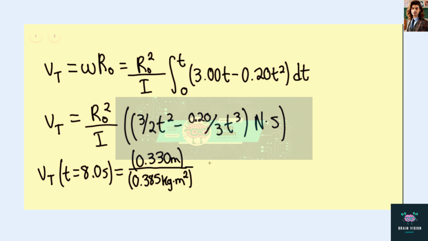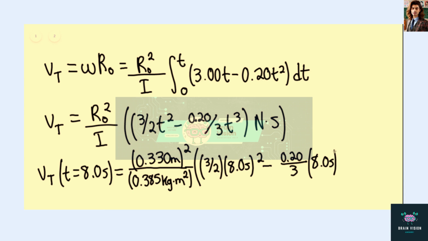The radius would be squared and then multiplied by 3/2 times 8.0 seconds quantity squared minus 0.20 divided by 3 times 8.0 seconds quantity cubed. And then again, the units here would be Newton seconds.